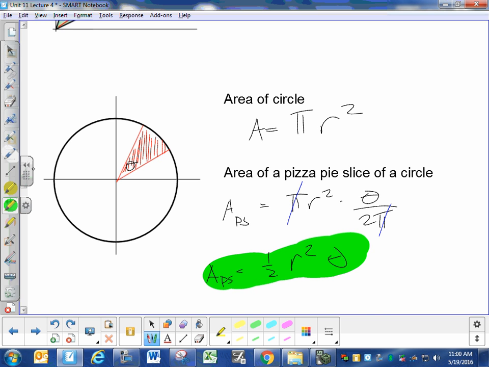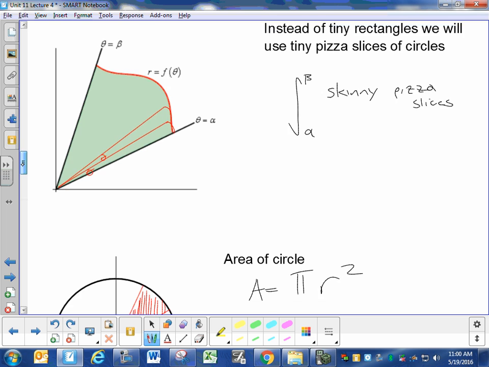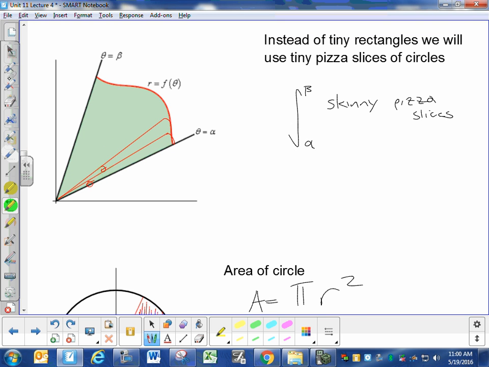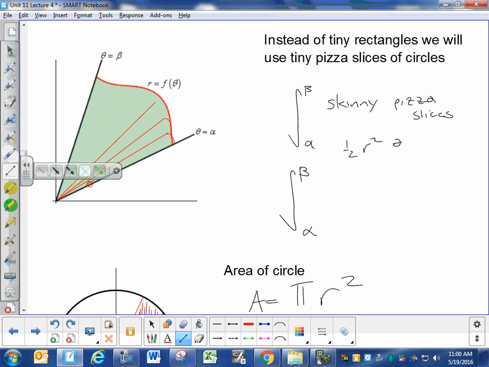Because what are we going to be doing? We are going to be taking an infinite sum of 1/2 r squared times theta. However, what is happening when I'm taking an infinite amount of pizza slices to theta? If I take more and more pizza slices here, what's happening to this theta?